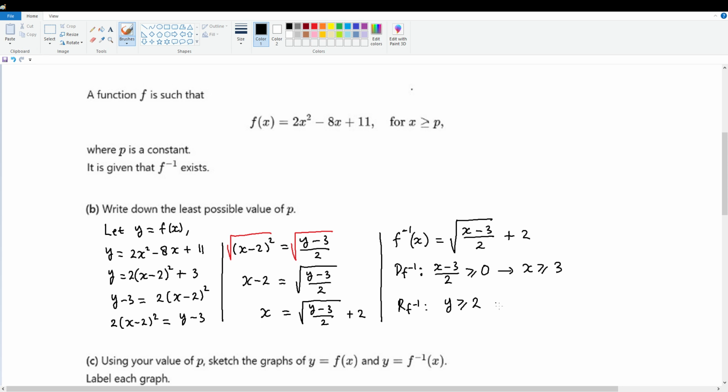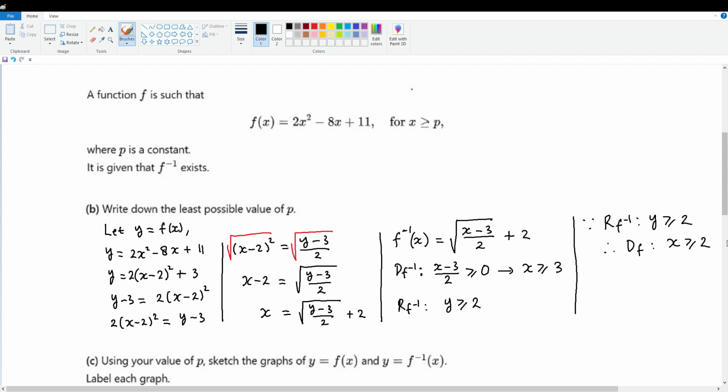Now we can say that if we have the range y greater than or equal to 2, it will be related with the domain of our original function. It means since the range of the inverse is y greater than or equal to 2, we can conclude that the domain for our function must be x greater than or equal to 2.